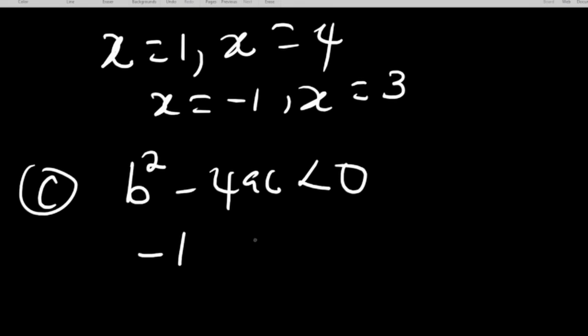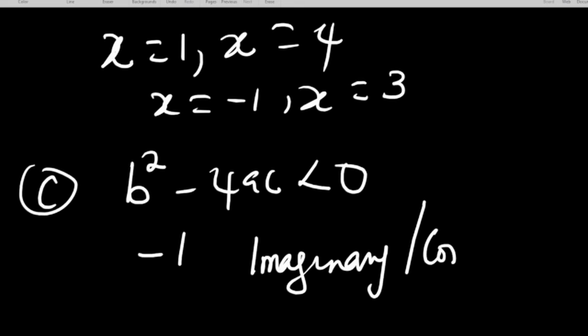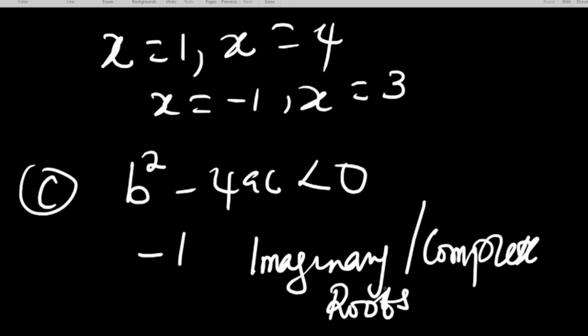So you do more research and tell me what you think. Like I said, if the discriminant is less than 0, that implies that the roots are imaginary or complex.